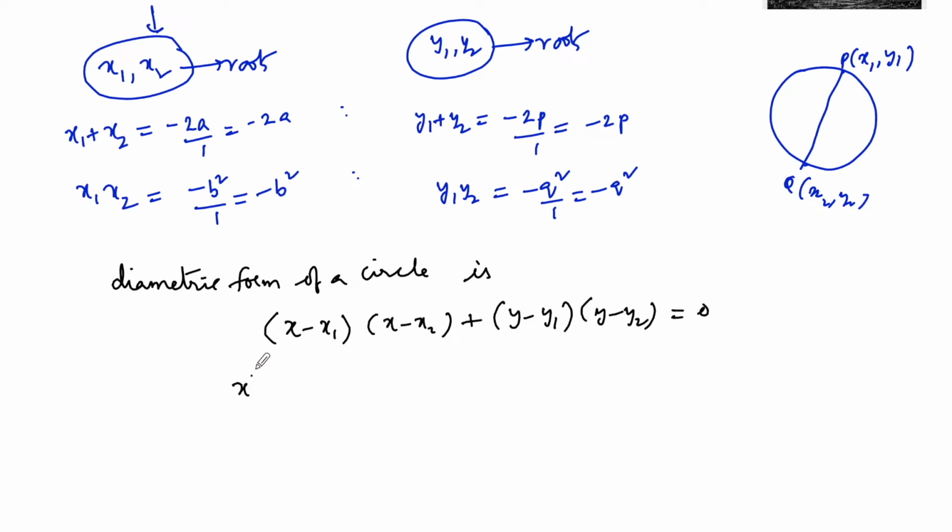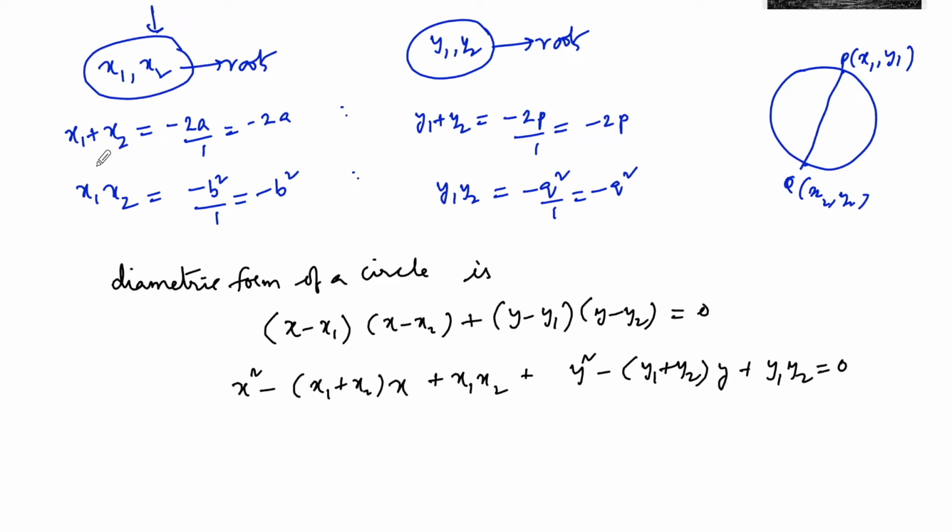Or this can also be simplified: x square minus (x1 plus x2) x plus x1 x2 plus y square minus (y1 plus y2) y plus y1 y2 is equal to 0. So let us substitute the values here.